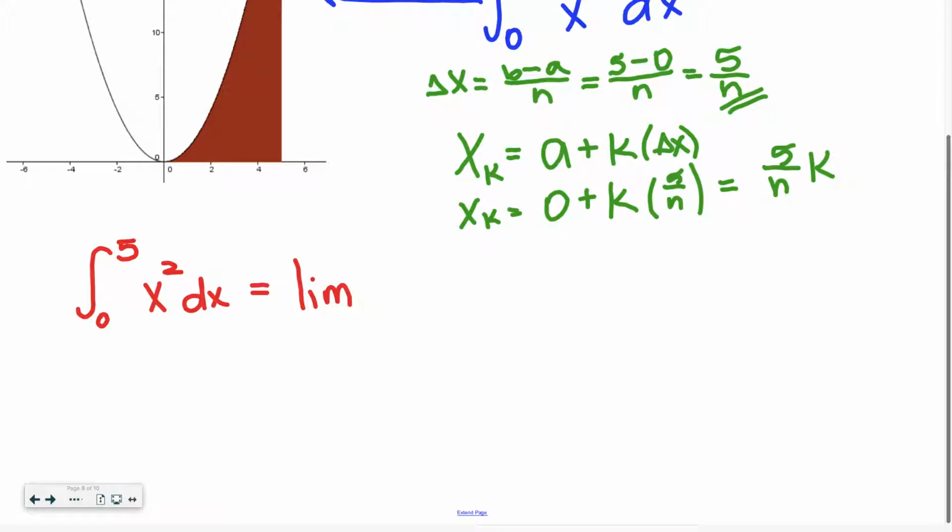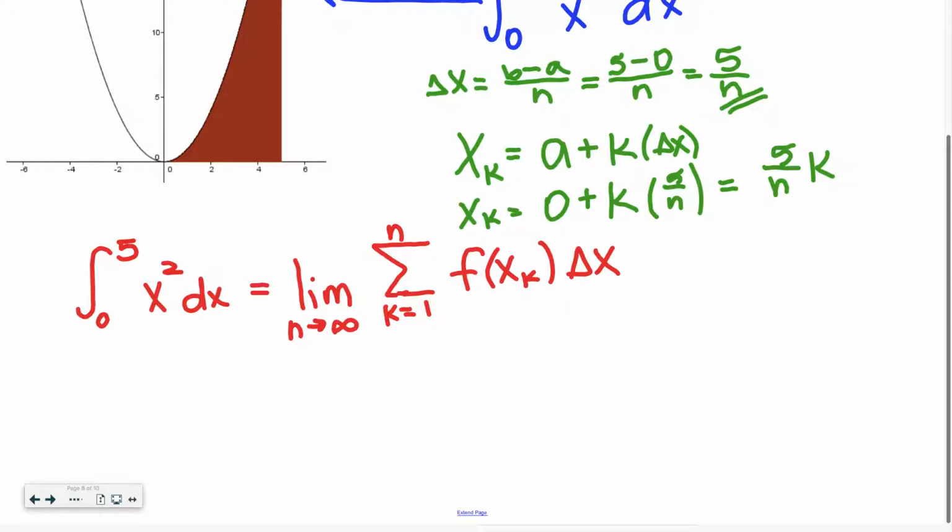So our definite integral is the limit as n approaches infinity of the sum k equals 1 to n of what goes inside of our summation. Okay, so we need the f of x of k, right? Okay, so don't write this down yet. This is what goes in our summation.